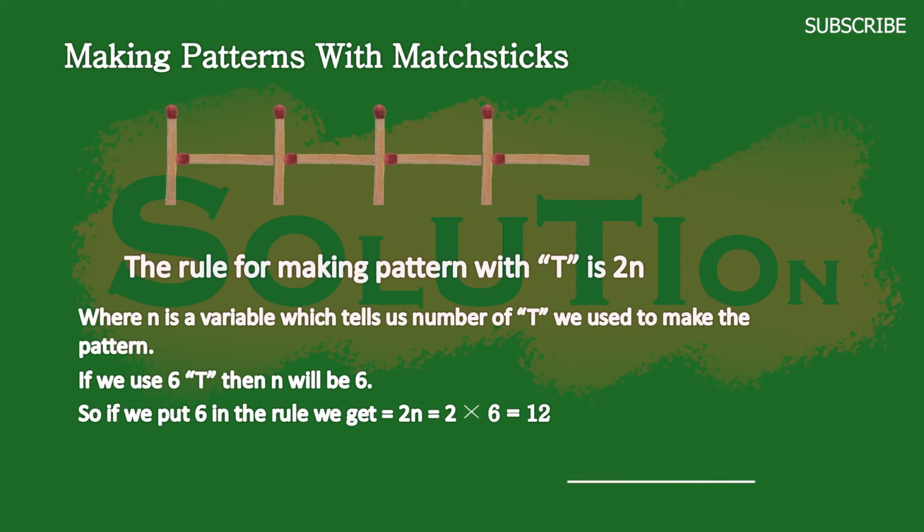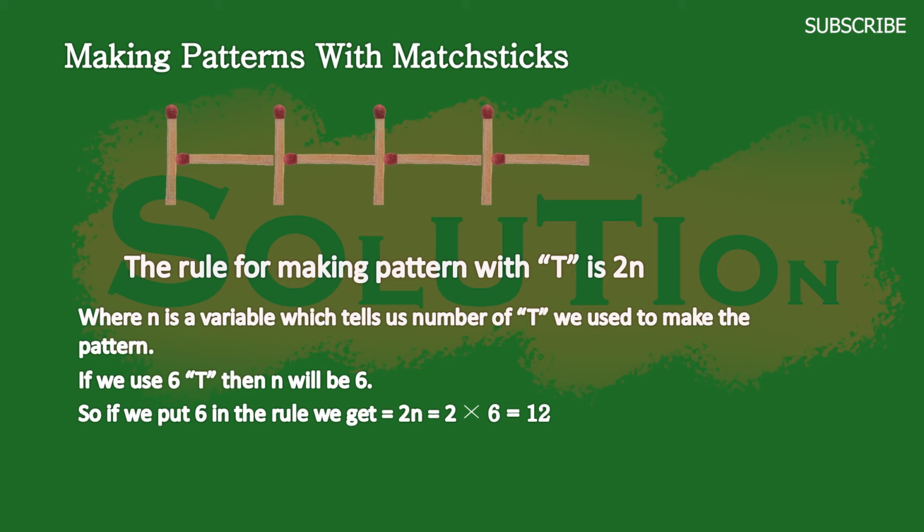Suppose I want to make a design with 30 T's. In the picture you can see we have created a design with 4 T's. In place of 4 T's, I want to create a design with 30 T's. So what will I do? I will take 30 into 2 or 2 into 30, and that will give me 60.